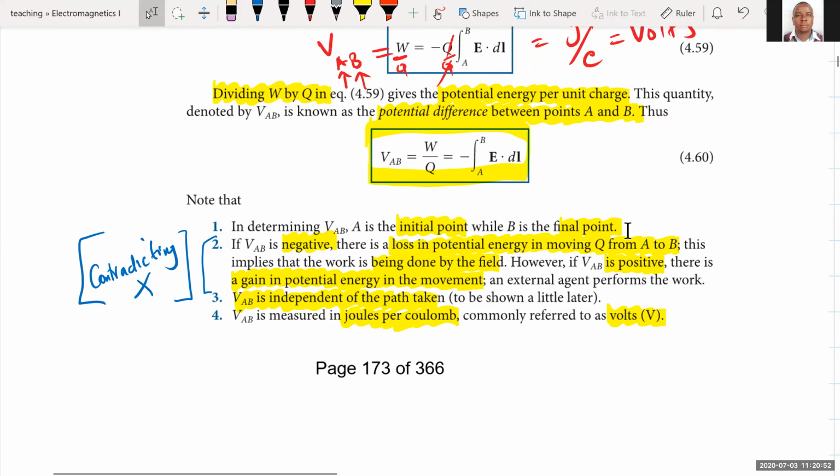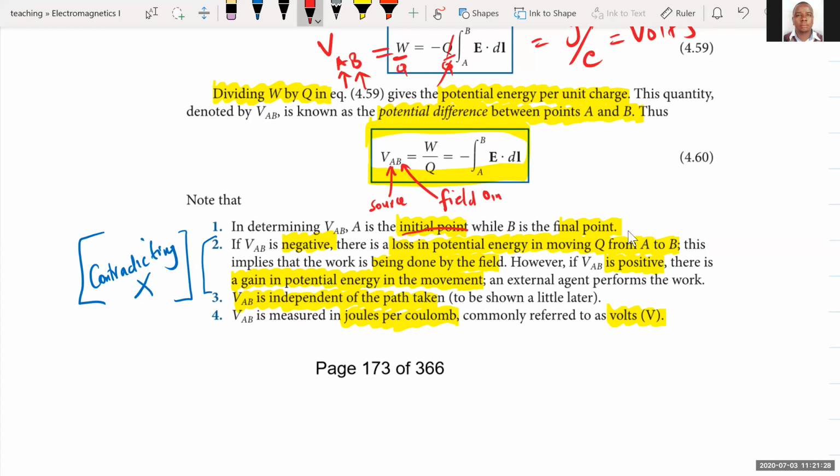So always remember that A is the initial point, which is the source point, and B is the field point.